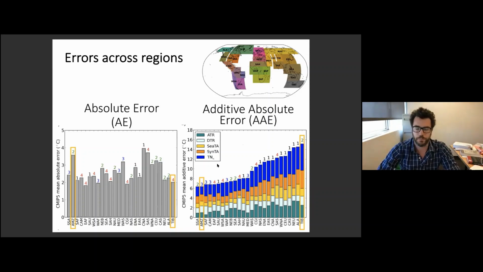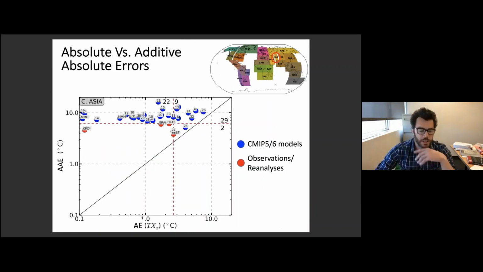Just to finish this part, what I show here is one error as a function of the other. In the x-axis, you have the absolute error, and in the y-axis, you have the additive absolute errors. The way it's constructed, we know that AAE is always larger than AE, so it could be equal if all terms are 0 but 1.